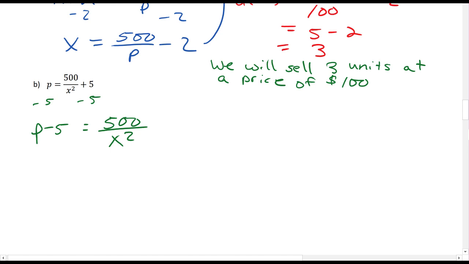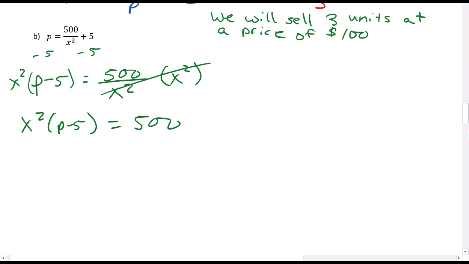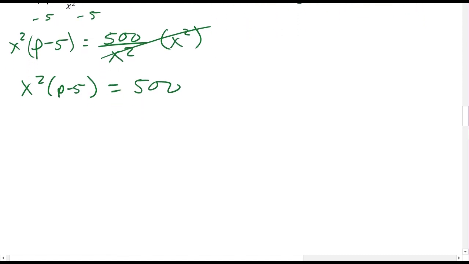So as I told you guys previously, to get rid of that fraction, we're going to multiply both sides by x squared. We're doing it on the right side, and you're doing it to that entire function on the left side. Okay. So we have x squared times P minus 5 is equal to just a 500 on the right side. Trying to get x all by itself. So we're going to divide both sides by P minus 5.